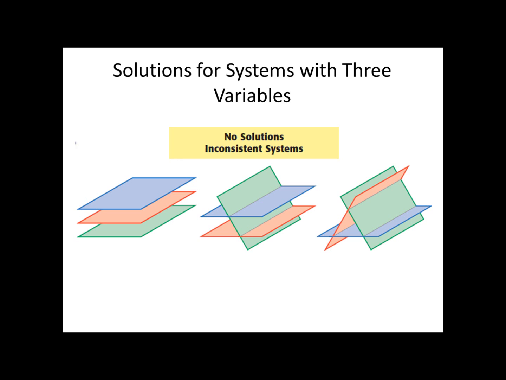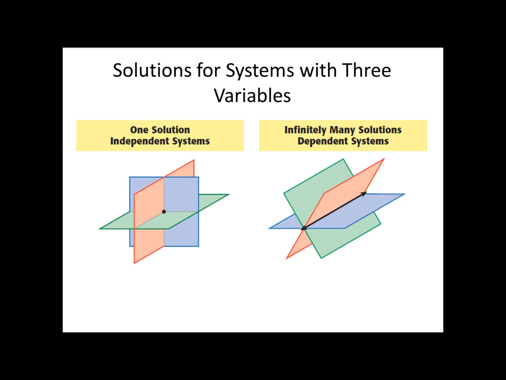In our last example here on the screen, we see the 3 sheets of paper intersecting each other, but again, they're not intersecting at the same point. The blue and the pink are intersecting at a different area than the pink and the green and the blue. So all 3 of these pictures represent a situation where there are no solutions for our system. It's what we call inconsistent systems.